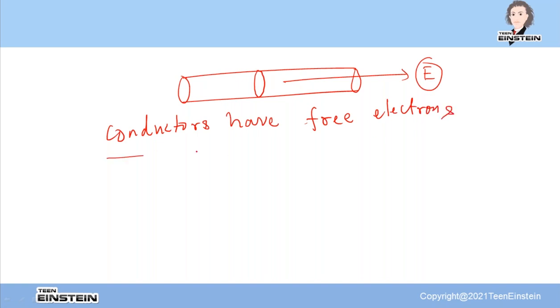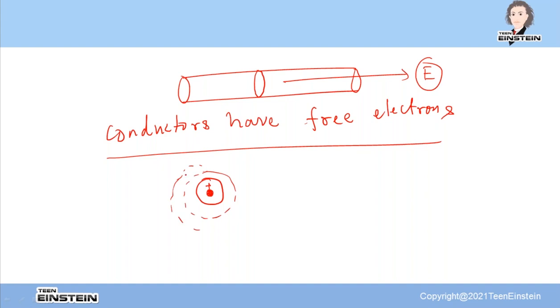If you have a single atom, you have a nucleus, where the whole mass is concentrated and which has positive charge, and the same amount of negative charge is present as electrons revolving around it. The electron in the outermost orbit will be loosely bound.